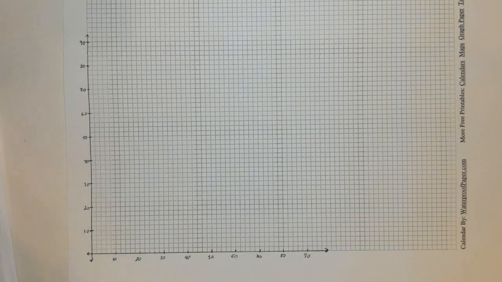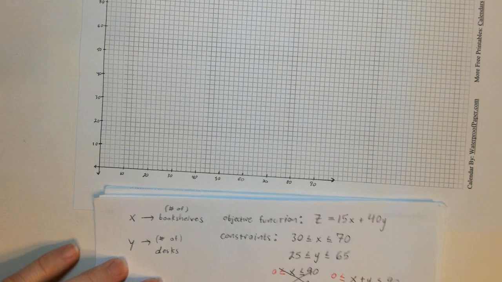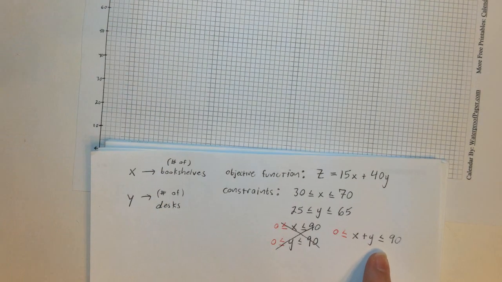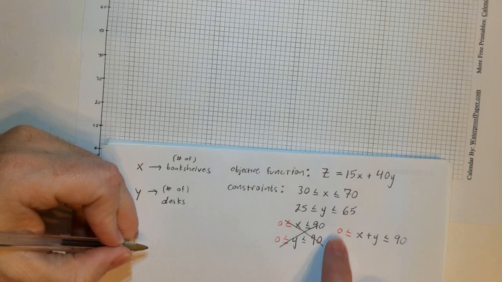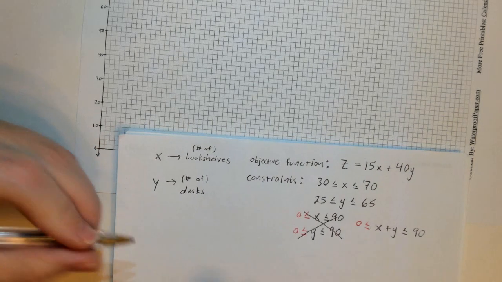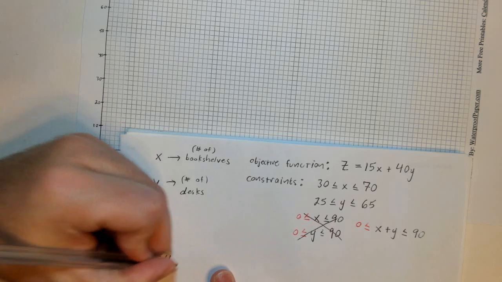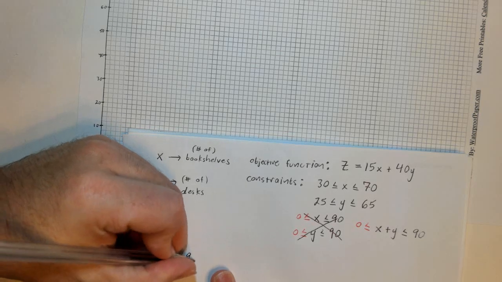So I'm first going to graph this guy. X plus Y is less than or equal to 90. Okay. So I'm going to throw away the 0. I'm not worried about it. So let's first think about X plus Y is less than or equal to 90.